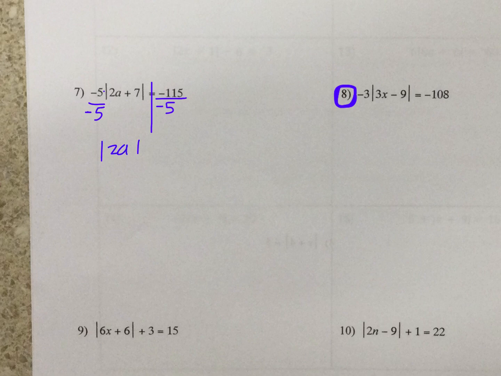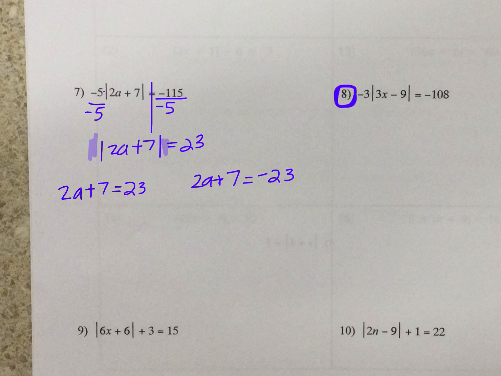So 2a plus 7 equals 23. Now, visitors are gone. Time to get out of jail. 2a plus 7. He can be positive and make good choices and be a 23, or he can make bad choices and be a -23.